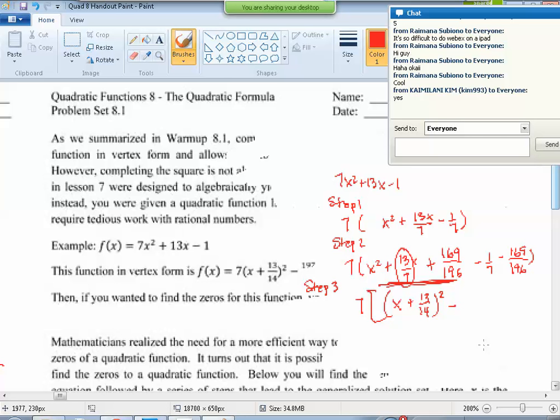So this is really 28 over 196, right? So if I add 28 plus 169, I get, easy, calculators. Now remember, this isn't hard stuff. It's just ugly numbers.